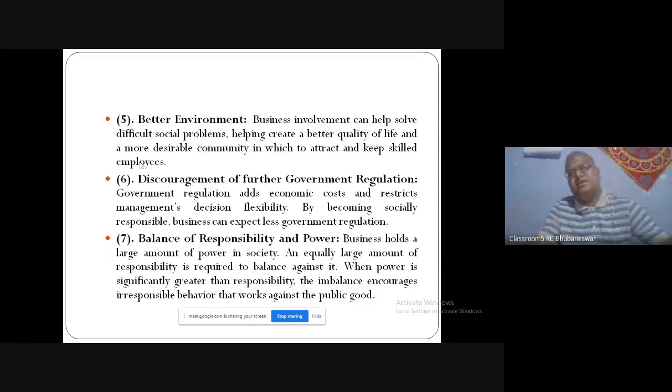Tata is doing it in different ways, Mahindra in different ways, and Maruti in different ways, and every IT company is also promoting its business through a philanthropic approach in CSR in different ways. And another one is discouragement of further government regulation.